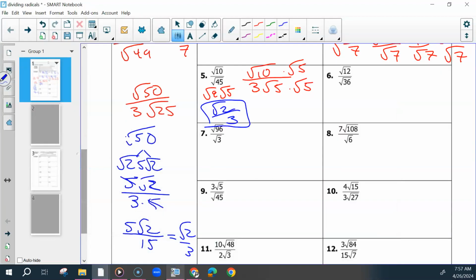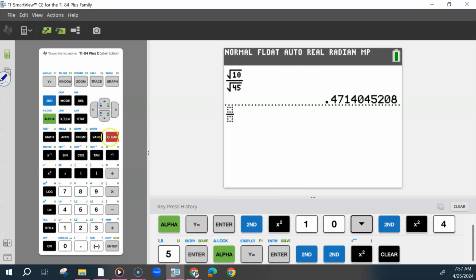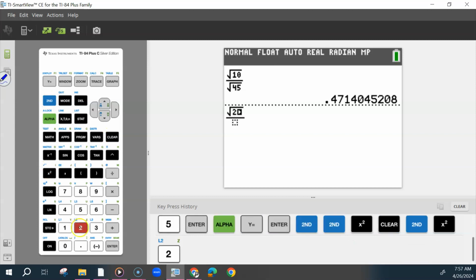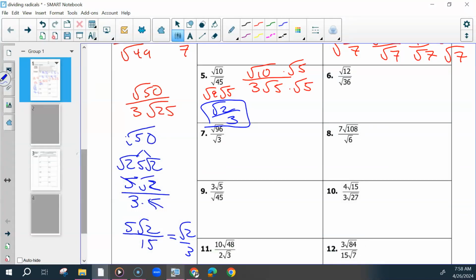And we got the square root of 2 over 3. And then same thing, that would show you did that right.